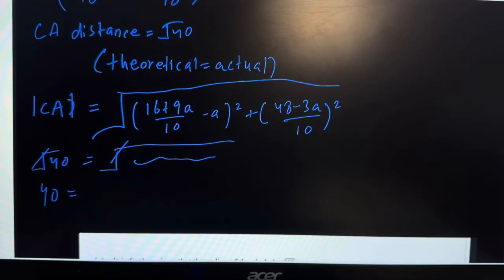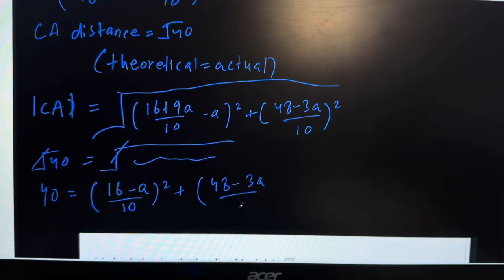Okay, so we have what? 16. Now look, 10 times minus a, because we use LCM here, so plus 9a minus 10a, this becomes minus a, so (16 minus a) upon 10, the whole thing squared, plus (48 minus 3a) upon 10, the whole thing squared, right?